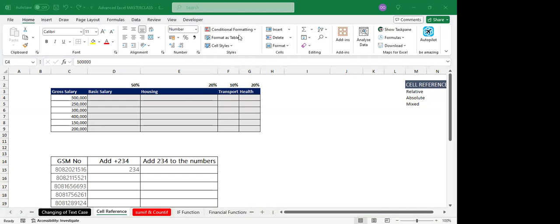Some organization will take your NHIS, some will take a pension out of it, some will take this and this and this out of it, and at the end of the day, you get a particular amount. Meanwhile, we have a dividing of a gross salary in this pattern.